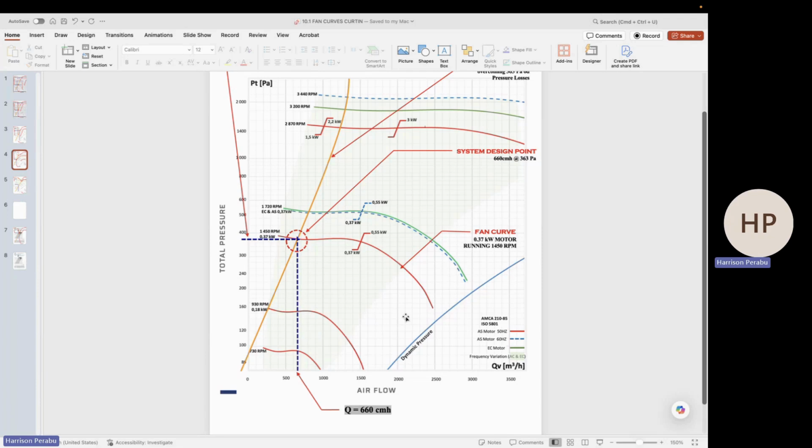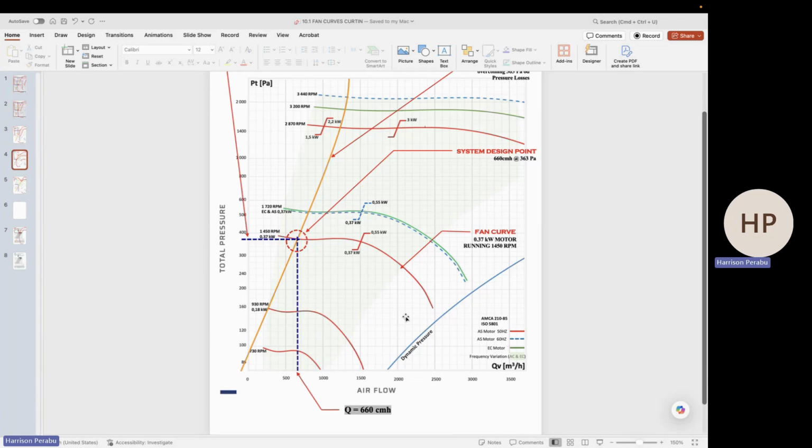But now let's look at the fan curves. When we look at it, it starts with a mere 0.18 kilowatt; up to the 2870 RPM fan curve, it starts with 1.5 kilowatt, 2.2 kilowatt, and goes up to about 3 kilowatt, and what's not.